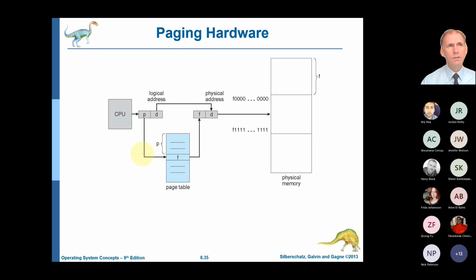The page number gets sent off to our page table that figures out the physical frame that it's in. That frame then goes on and gets added to the offset, and that points then to the address in physical memory. Now again, because we're doing this for every single memory access, we want this to be in hardware because we want it to be fast.